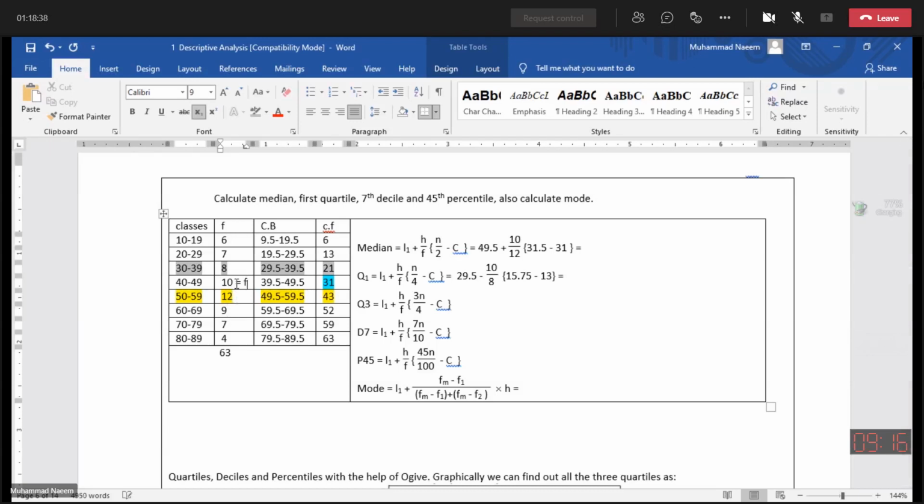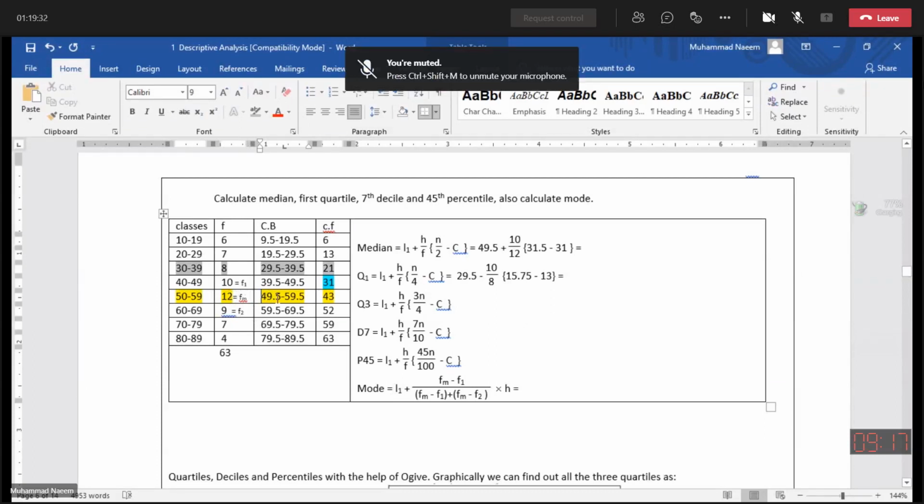L1, what is L1? L1 is the lower class limit of the interval corresponding to Fm, against the highest frequency.